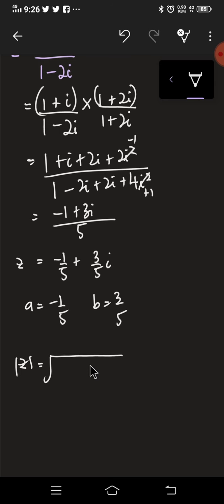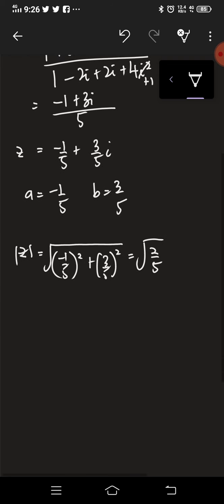So we have (negative 1 over 5) squared plus (3 over 5) squared, which is 1 over 25 plus 9 over 25, which is 10 over 25. So we get square root of 2 over 5. This is the modulus of z.